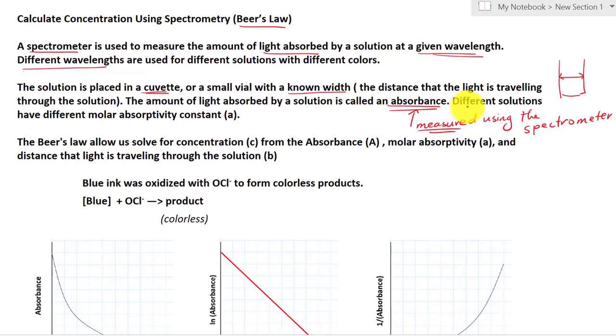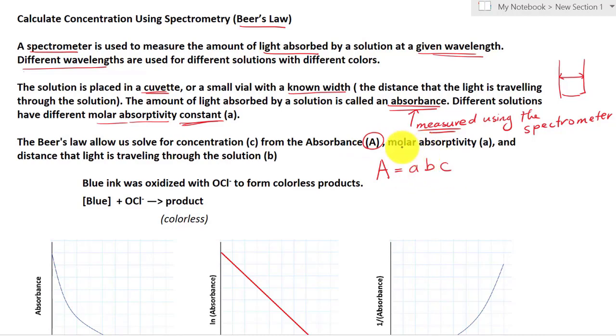And lastly, different solutions have different molar absorptivity constants. And notice, constant means it stays the same. So let's talk about the Beer law. The Beer law is capital A, your absorbance, equals a, b, c.